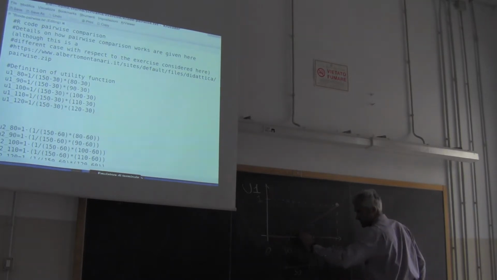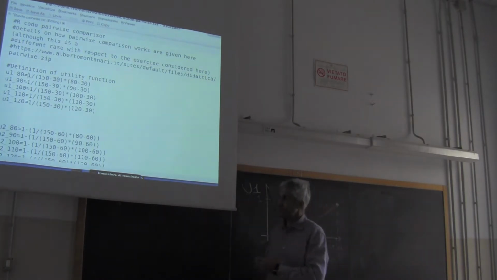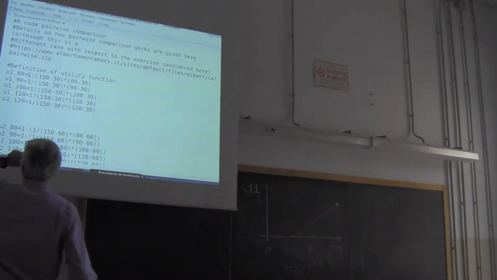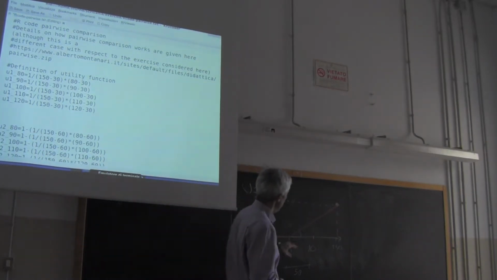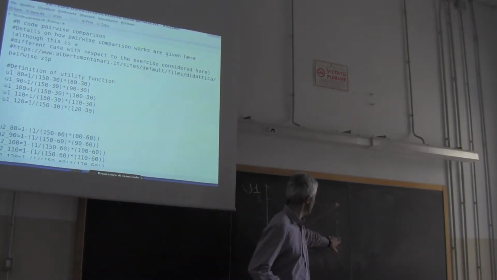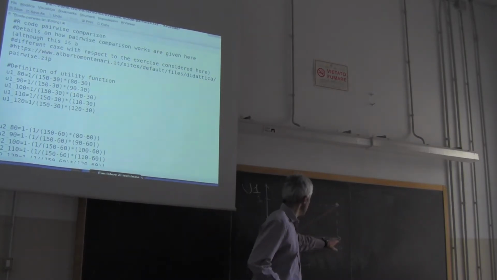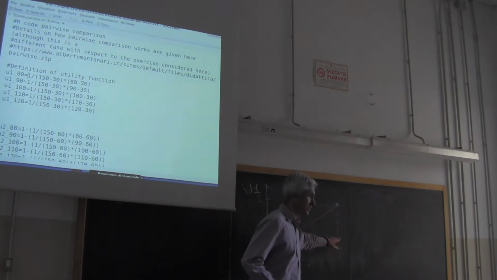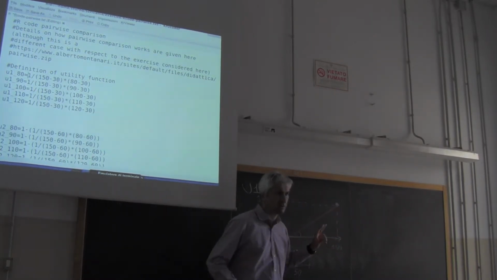The slope is given by 1, which is the height from 0 to 1, divided by the distance on the horizontal axis, which is 150 minus 30.